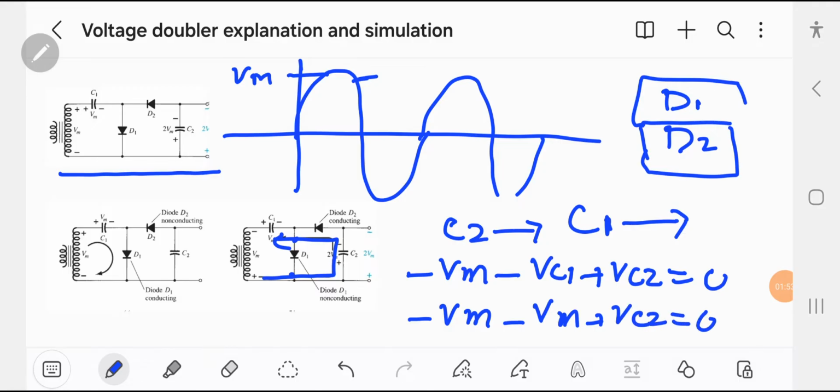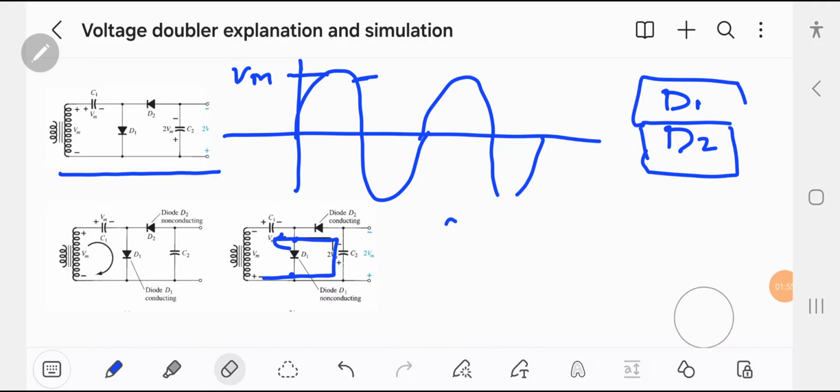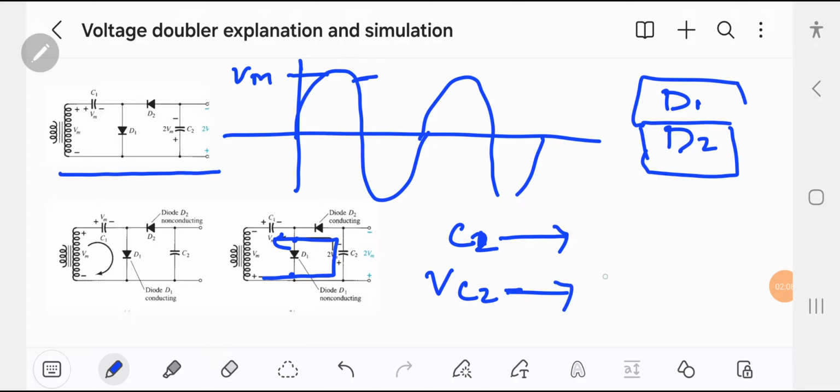So capacitor C2 is charged to Vm. Now capacitor C2 is charged to Vm and capacitor C1 is discharged during the negative cycle.